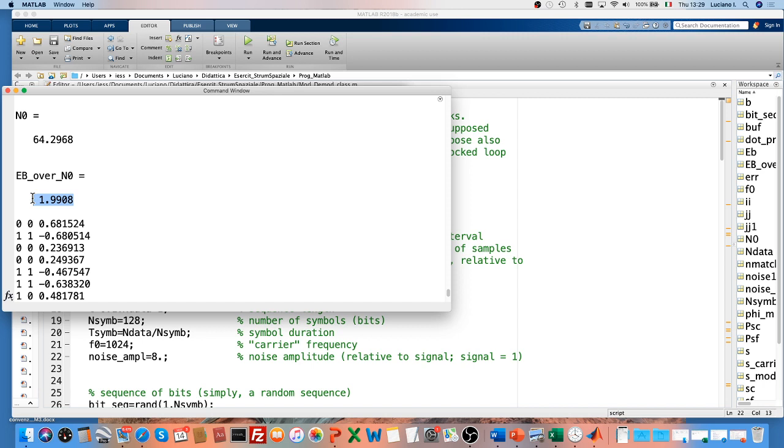With this EB over N0, you can go on that curve, and with an energy per bit over N0 equal to 2, we may expect roughly 10% of errors, 10 to the minus 1.